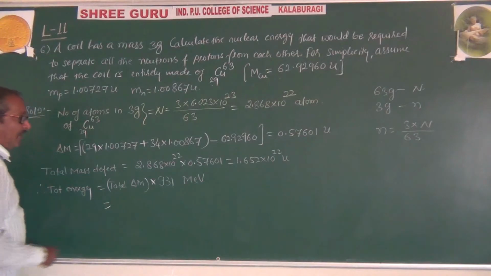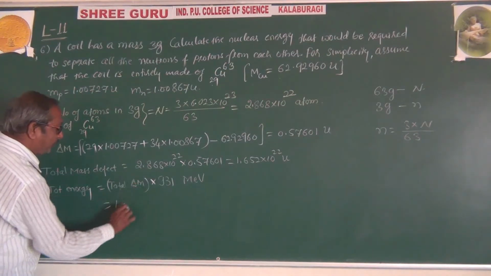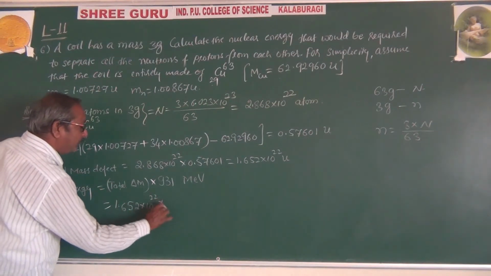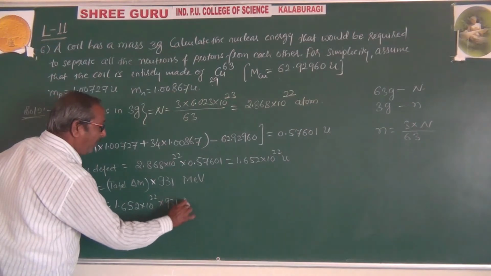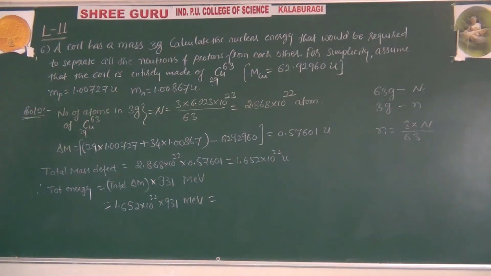Here total mass effect is 1.652 into 10 to the power 22 into 931 mega electron volt. This you have to simplify and you will get the answer. That is the nuclear energy required.